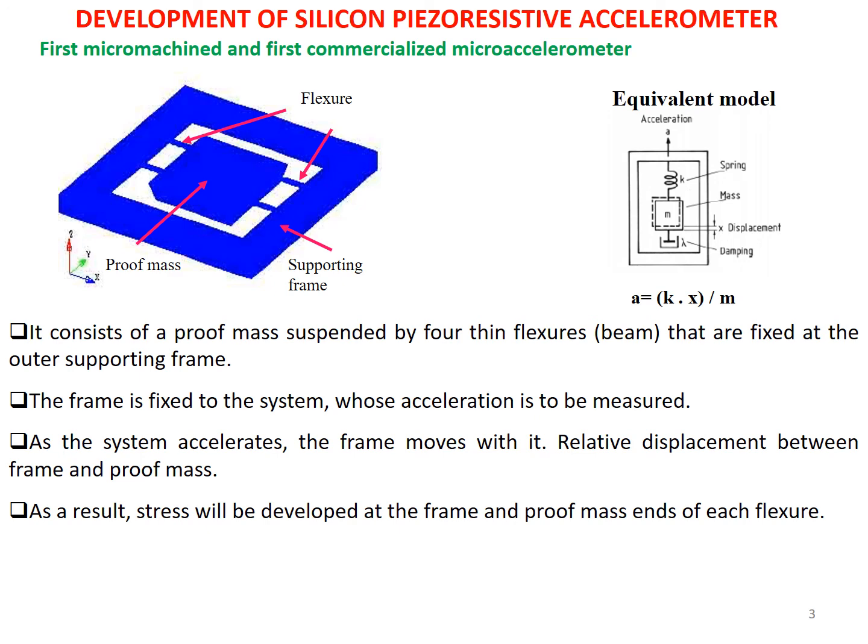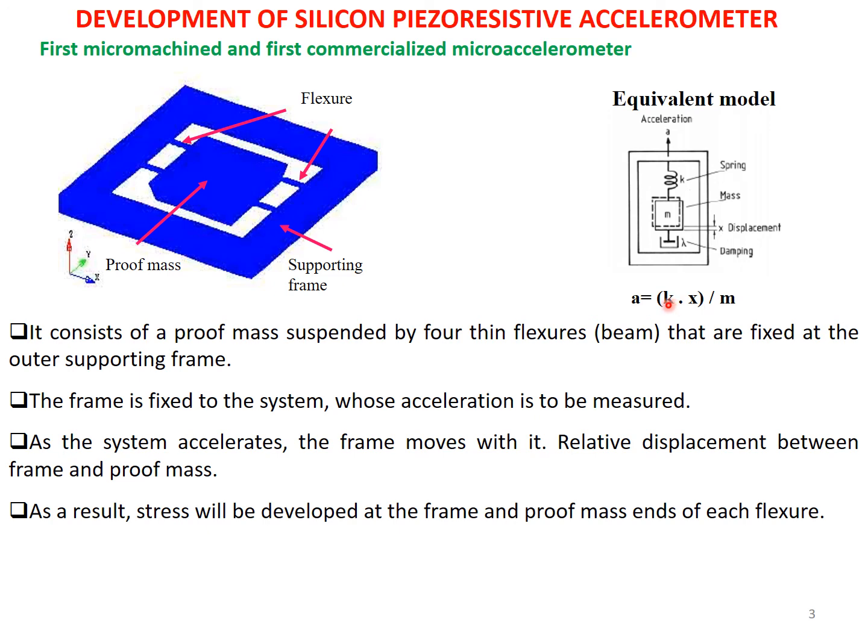So that means at steady state, m means the mass of the device and A is the applied acceleration. Fine. So m into A is the total applied force, and that will be balanced by k into x.